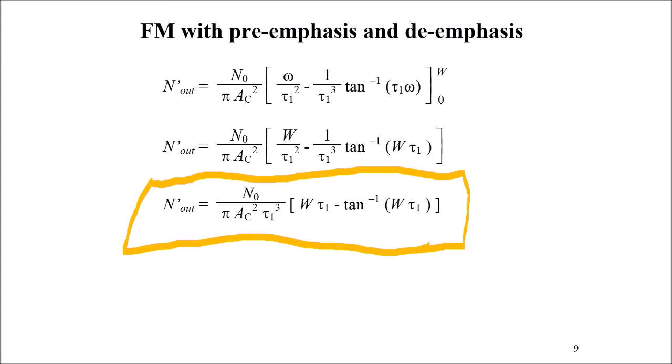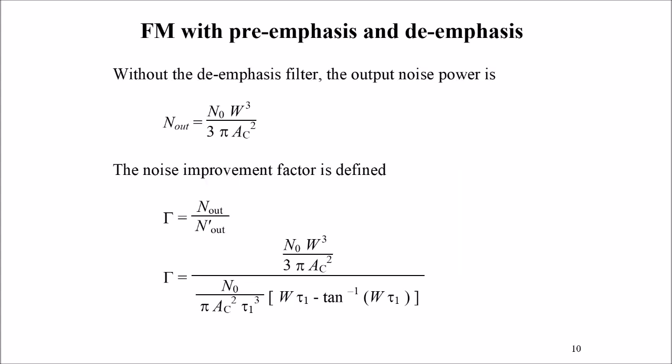And that doesn't mean much to us until we compare that to the output power without the de-emphasis filter. This is without the de-emphasis filter. This is the result we got from the last presentation. So I can compare this output noise to the output noise with the de-emphasis filter.